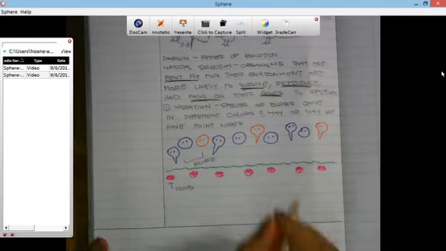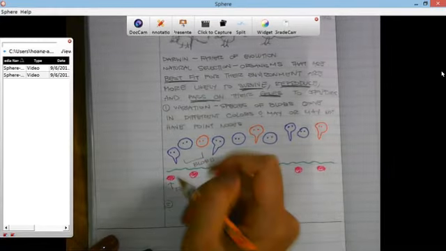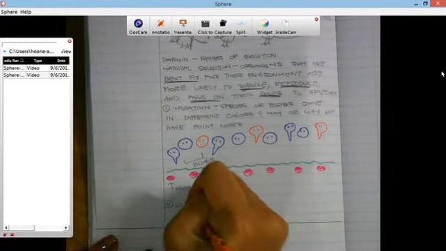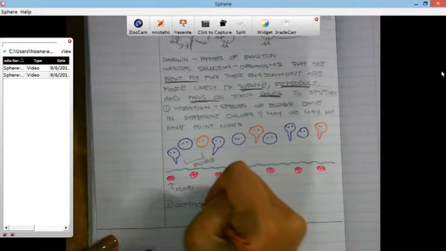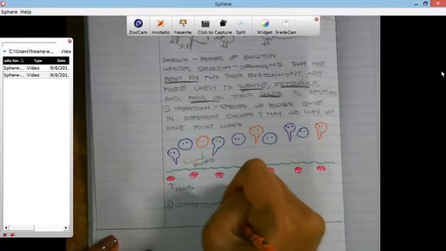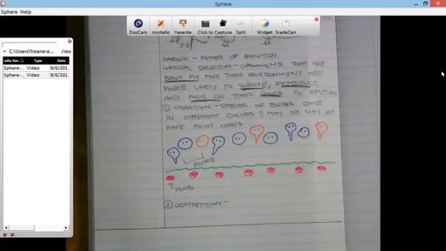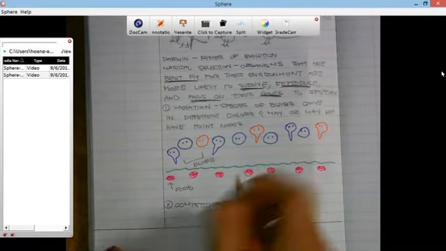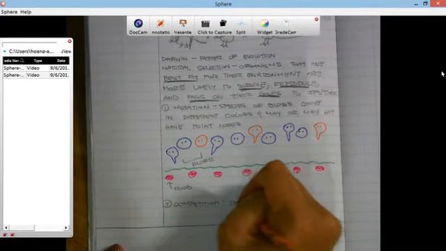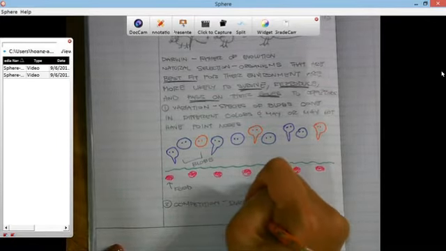The next thing that you need for natural selection is competition. So competition is basically when two or more individuals fight or compete for the same thing. So in our case, in this example, we have blobs that are competing for food.